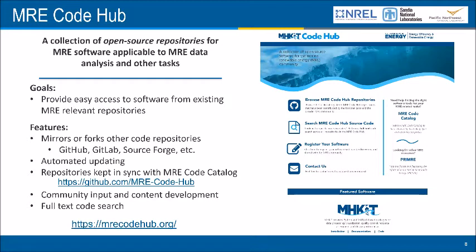What we do is we have a GitHub repository that mirrors in the software that is released on different platforms. It could be from GitHub, GitLab, SourceForge, and we have automatic syncing to make sure that we provide a fork of the most recent version of the software.